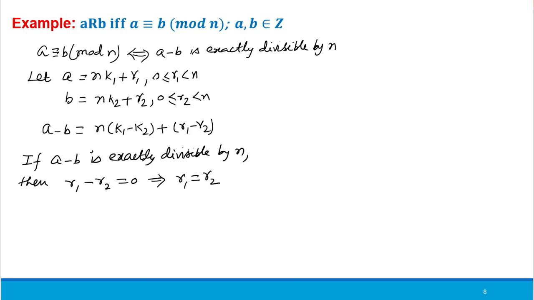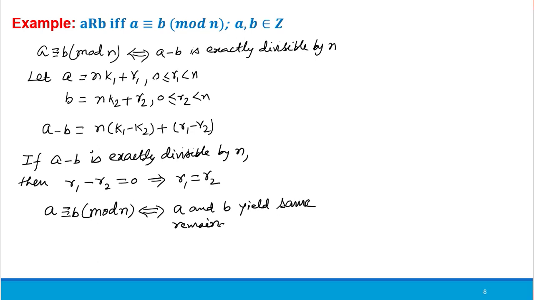And so I can say that A is congruent to B mod n simply means that A and B yield the same remainder when divided by n.